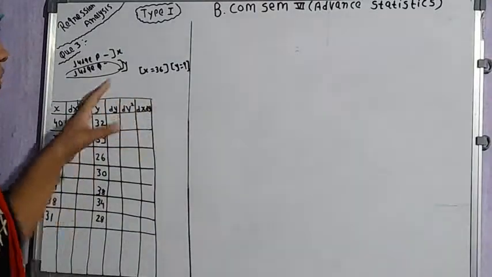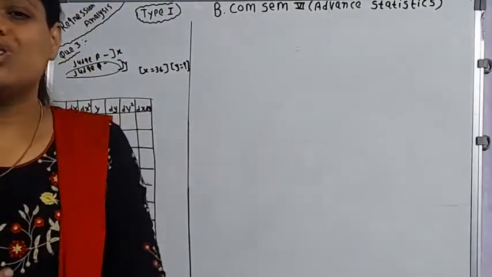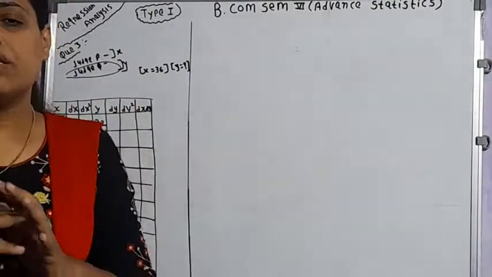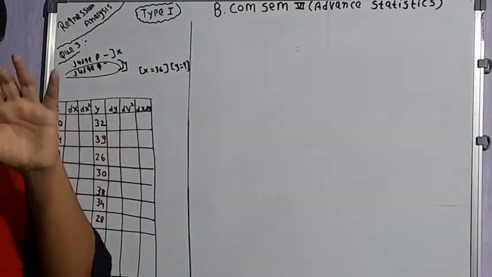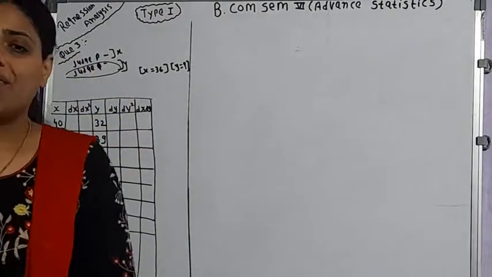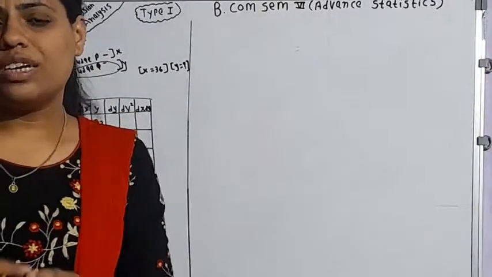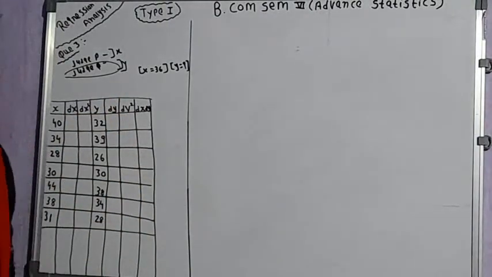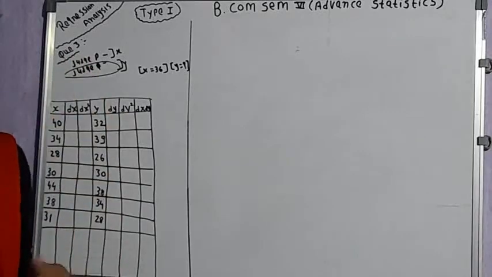Okay, so this question is a bit different from the earlier questions that we have taken. Why? Because here we have been given a kind of word problem. After reading that word problem, we have to interpret what has been given, and then we have to interpret what has been asked, and on that basis we have to solve the problem. So we have determined what we have been given and what we have to find out.